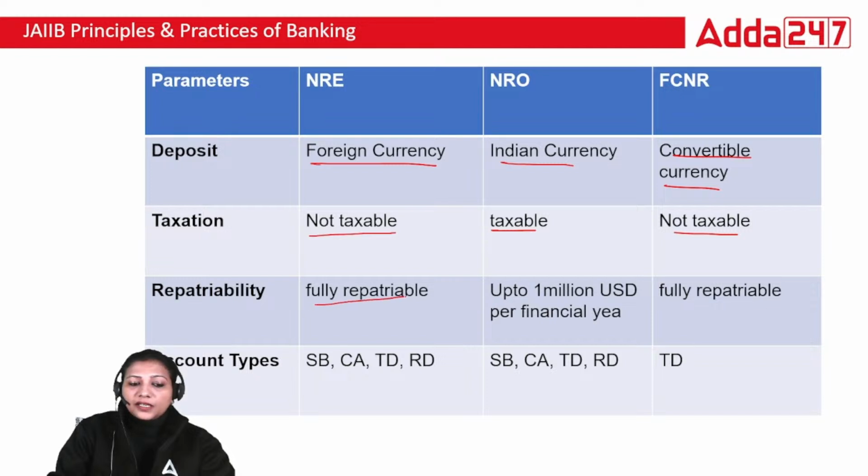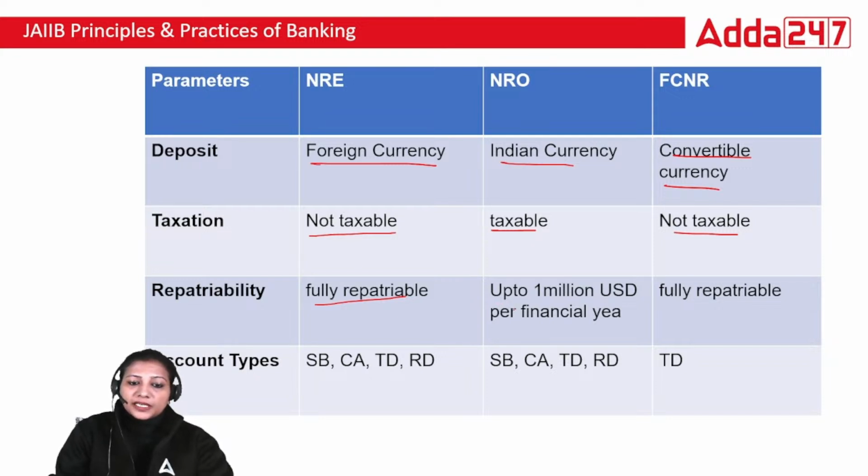Repatriability. In case of NRE, it is fully repatriable. Repatriable means that it can be taken back to the country where the NRI is living. It can be transferred to that particular place. So in case of the NRE account, it is fully repatriable, and there is no restriction on it.